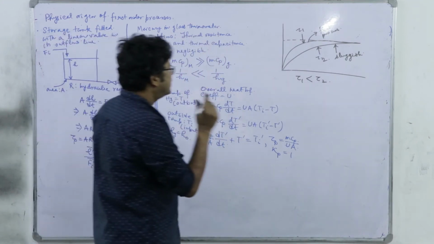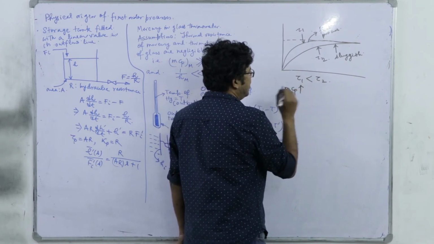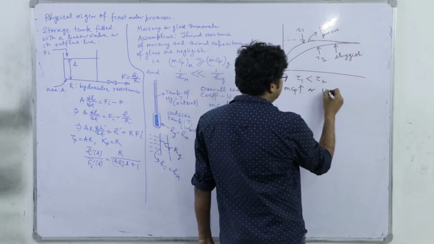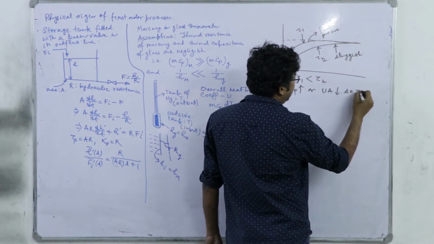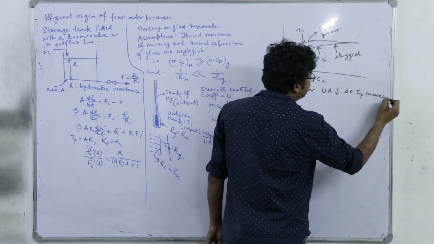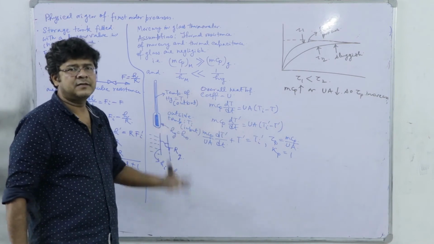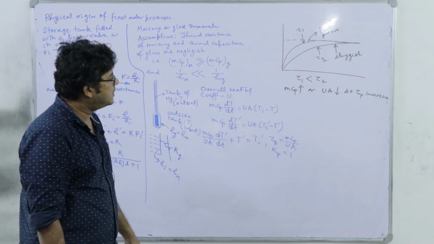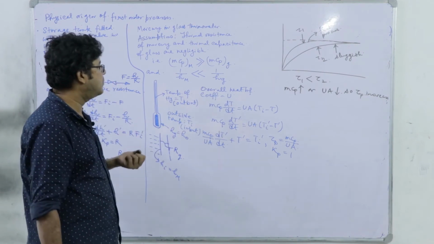So as m Cp increases, or the mass of mercury increases, or UA decreases, the time constant tau p increases. If we increase the mass of the mercury, it will take a longer time to acquire the final temperature.